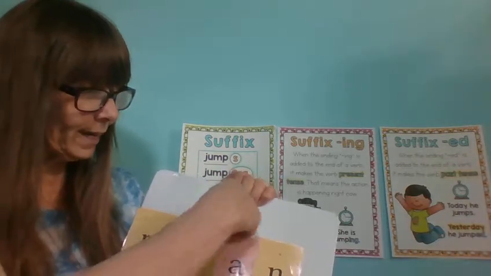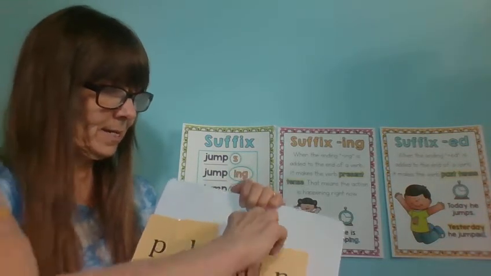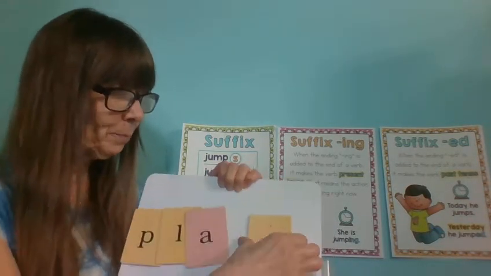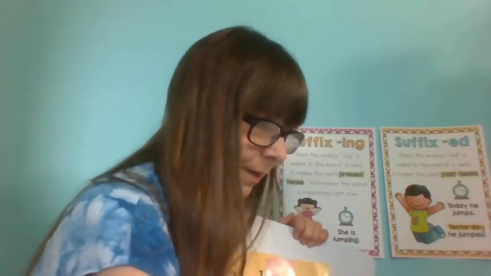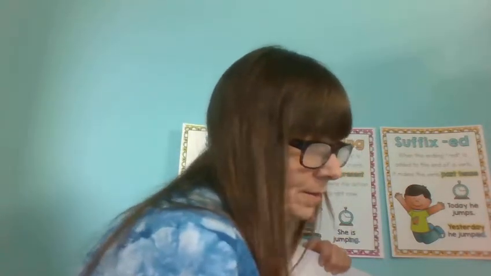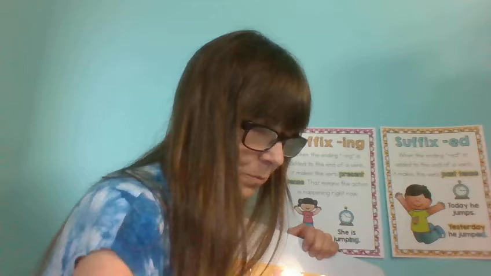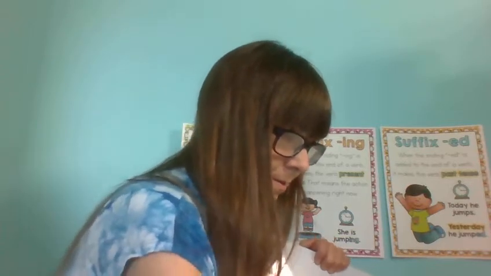Now, if this says plan, hang on a second, I'm going to try and make space. My board is a little bit on the small side here. And I add sorry guys, thought I had all my letters sorted out here.